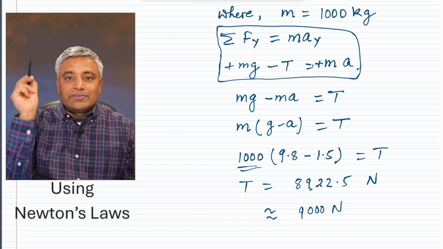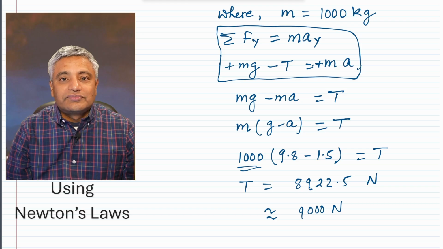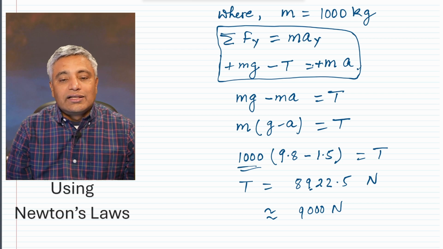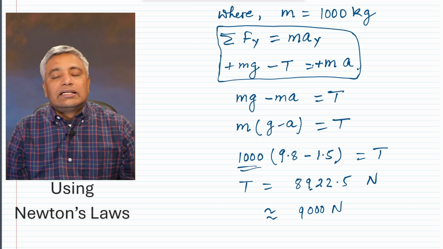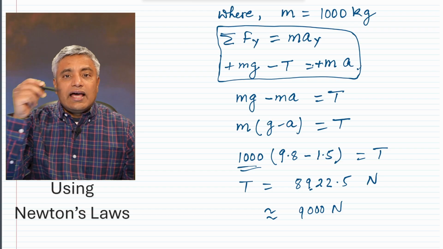The space station is going around the Earth, and it is in free fall. Why is it not falling down to the Earth? We'll talk more about it when we talk about circular motion. But here, they are in free fall.